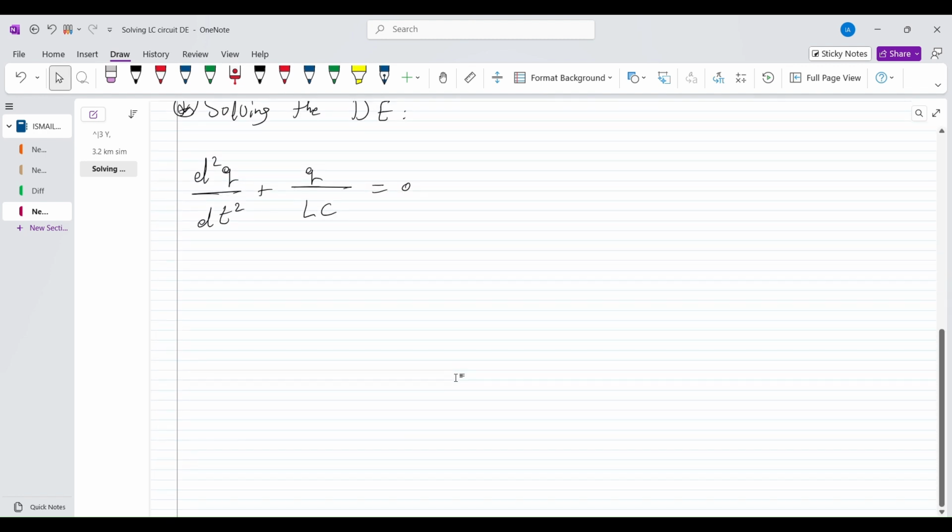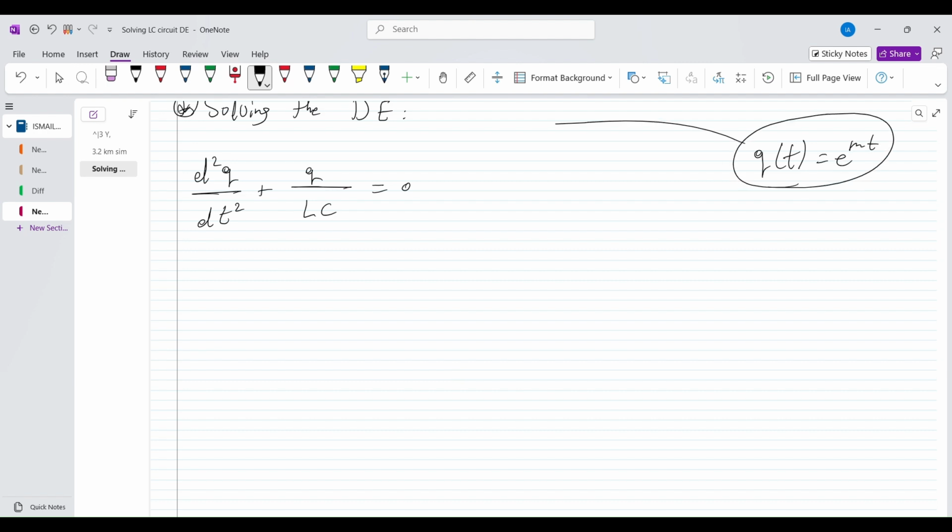Now, if I substitute this solution here, I will get the auxiliary or characteristic equation. If I solve that characteristic equation, I will be able to get m.